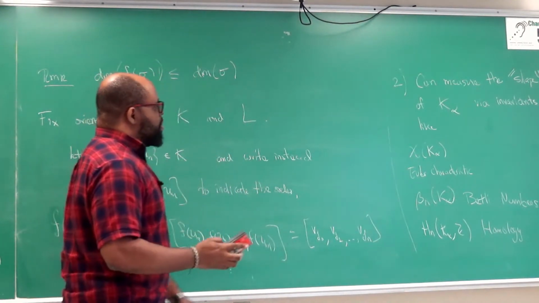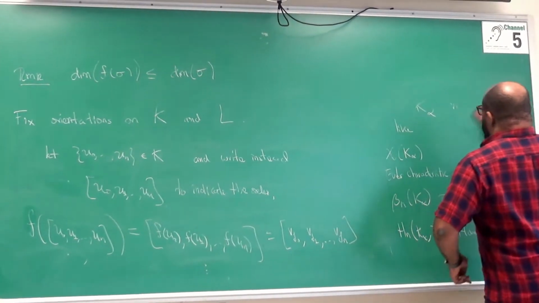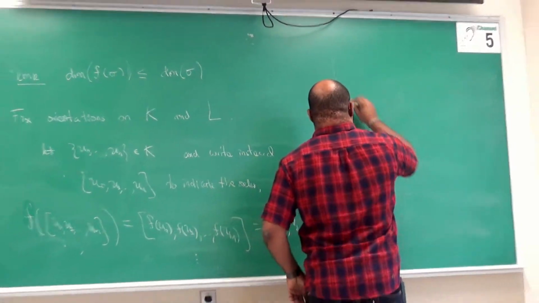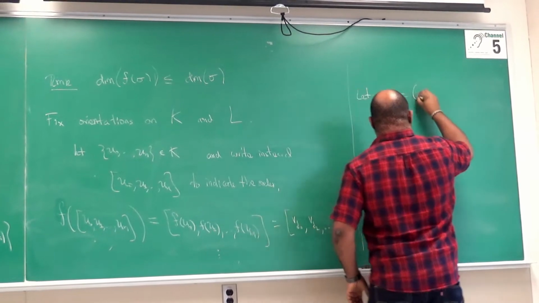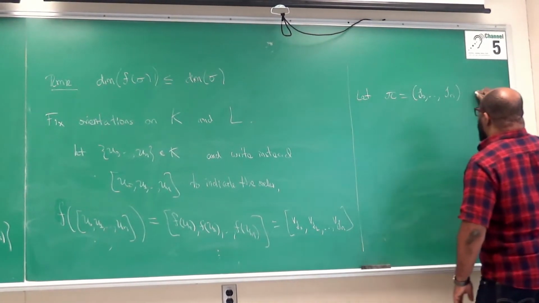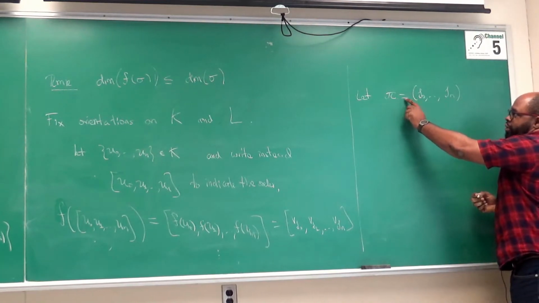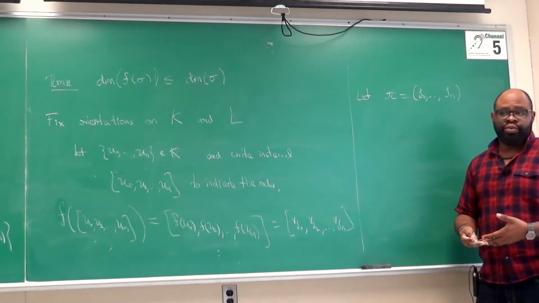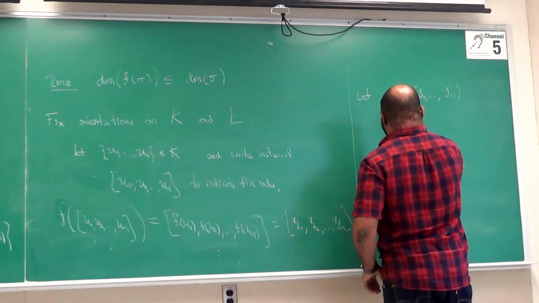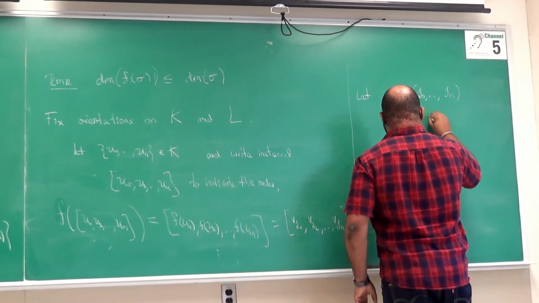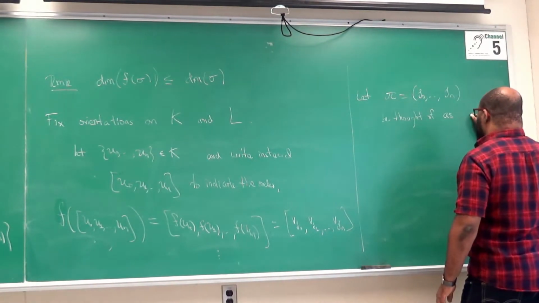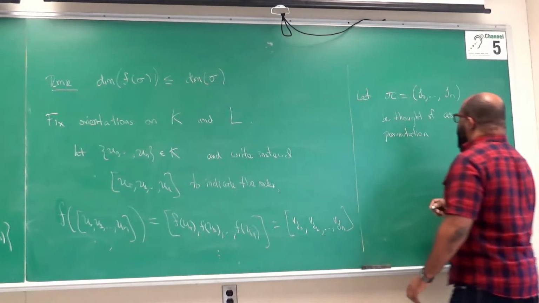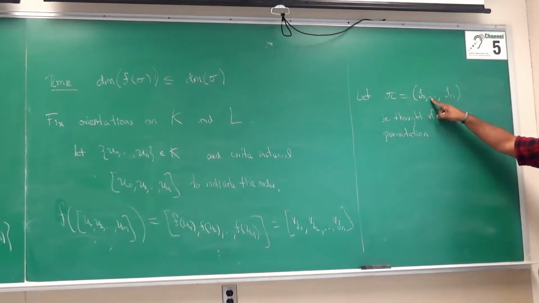So here's what we're going to do. We're going to think about this collection of indices, J0 through Jn, as a permutation. Right? So for example, this can be 5, then you can have 3, then you can have 7.